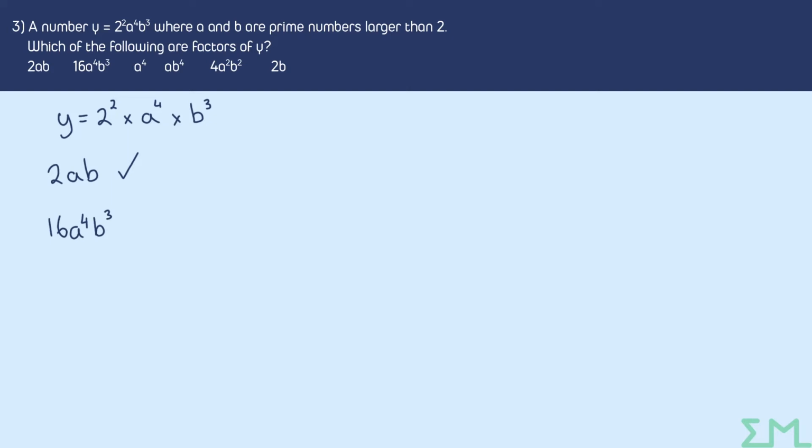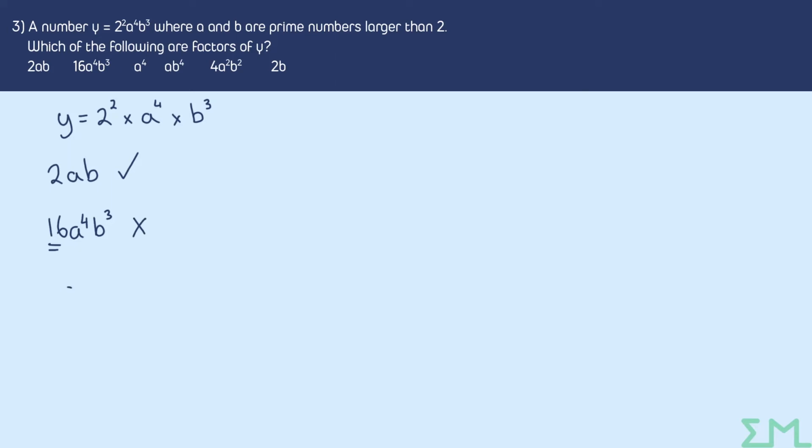Well, first of all, a to the 4 and b cubed, that's fine because they come straight from the prime factorization. However, the 16, this is the bit that's a problem because we only have 2 times 2, which is 4. This would require us having 2 times 2 times 2 times 2. We'd need 4 of them in order to make 16. So this number is actually going to be larger than y, therefore it definitely cannot be a factor.